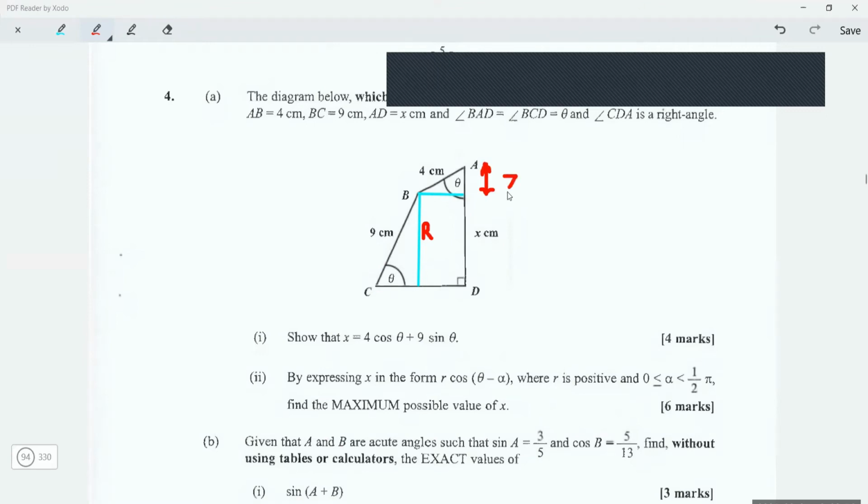Let's call it Z. So X is equal to R plus Z. So we'll call this R and we'll call this Z.